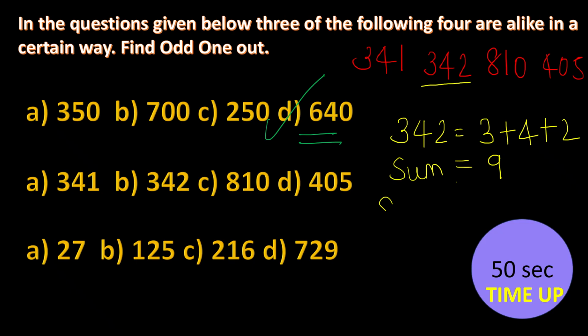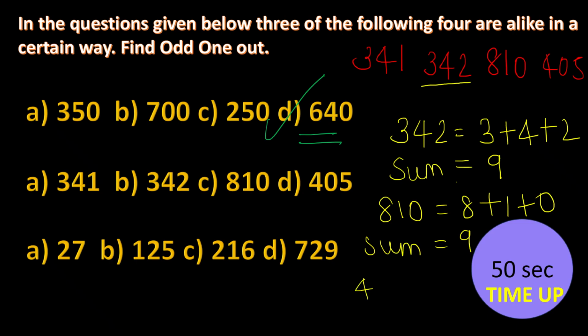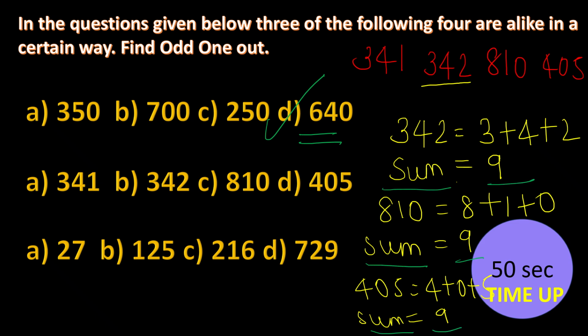Then if you take 810, 8 plus 1 plus 0 will be 9. If you take 405, 4 plus 0 plus 5 will give you 9. So all the sums are giving 9 as the answer. But when you do the sum of 341, it will not give you 9. It will give you 8, since 3 plus 4 plus 1 is 8. So that becomes odd one out.